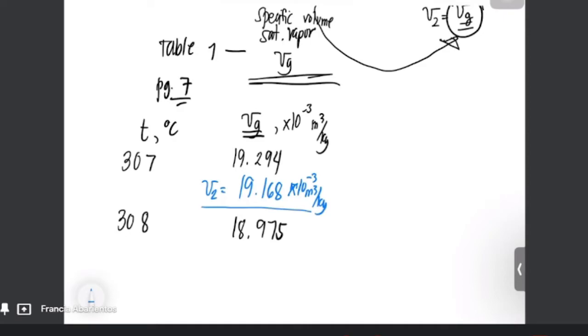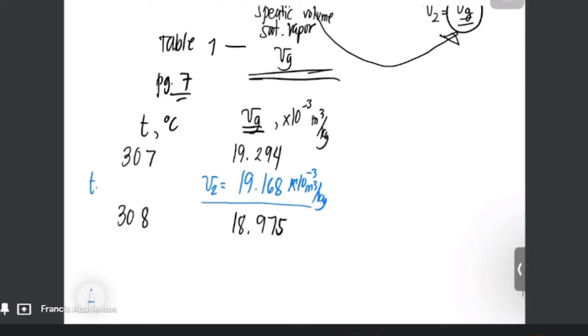Ibig sabihin, hahanapin na natin yung iba niyang state points wherein yung temperature natin, yung internal energy natin, the entropy. Mag-interpolate na tayo dito, class. Interpolation, to find the final temperature at point 2, and also yung sa iba.